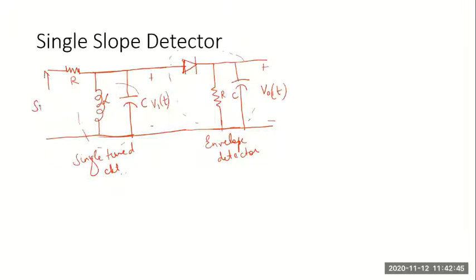Now the FM signal which we want to demodulate will be given as input to this circuit. So the single slope detector will accept the FM signal as input at this point, and let's say at this point the output is V1(t), and at the final output it is V0(t).